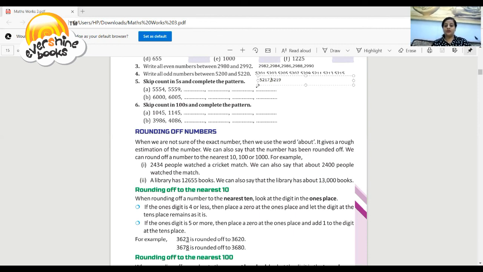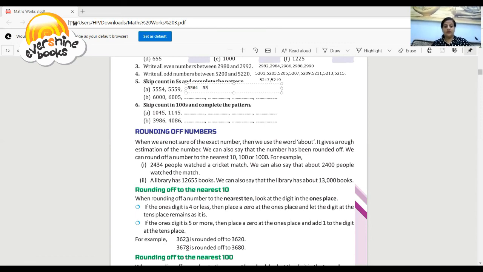We are going to do skip counting, which means we are going to add 5 to the number. 5,554 plus 5 is 5,559. Then 5,559 plus 5 is 5,564. Just write here 64. Next, just add 5 again.